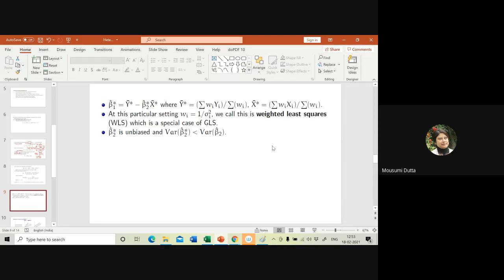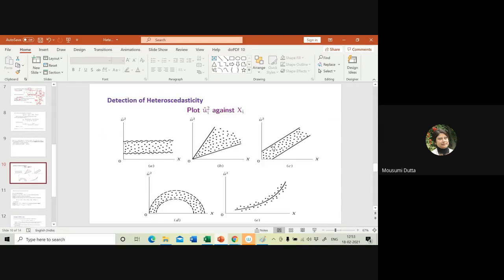Next, we need to learn about the detection. Given the data set, how we will detect whether there is heteroscedasticity or not. Okay, so detection. First, we start with the graphical thing. It is noted that graphical presentation will be able to tell us the matter in the best way, because graph has always a limitation, it is two-dimensional.